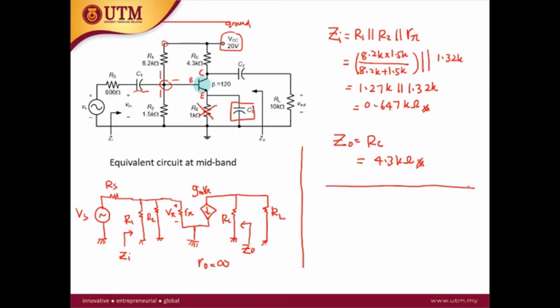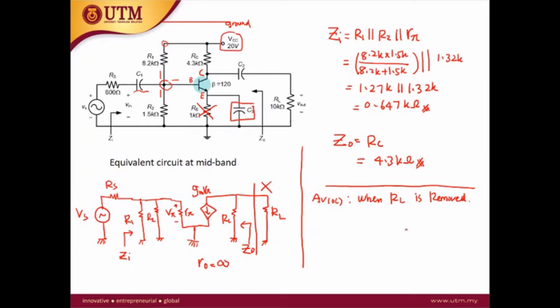Next we do the Av OC. This is when RL is removed. So we remove the RL, and the output is open circuit.